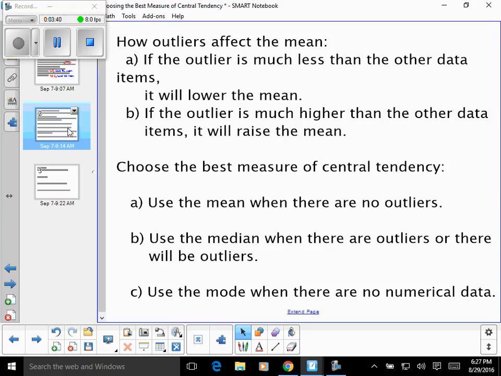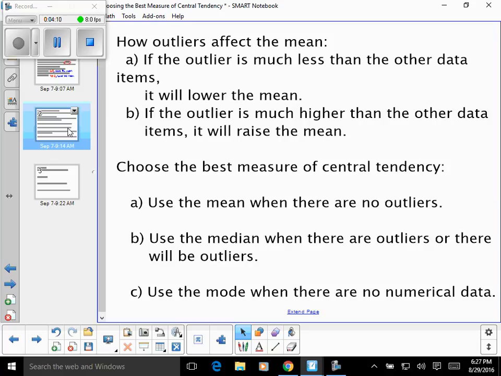You're going to have some babies who are very, very young, or you might have some very elderly people who are going to change the mean, so you're going to want to use the median. Test scores. Let's say the results of an 8th grade math test. That's probably where you're going to have an outlier. So it's probably a good idea there to use the median in order to get a good feel for what the results of the test are.